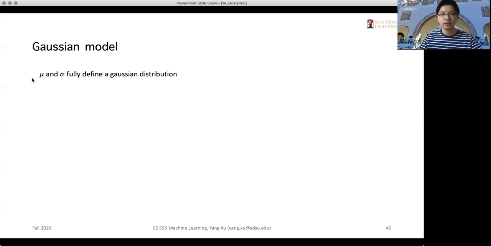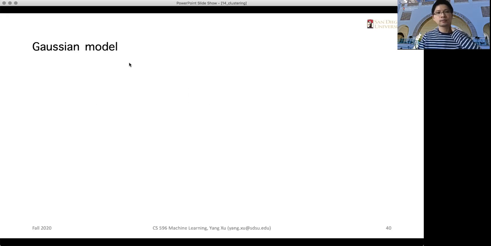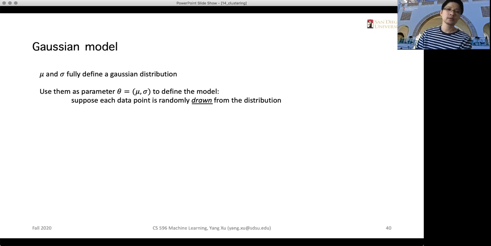Okay, so now let's further look at what a Gaussian model is. We can use the mu and sigma to define a Gaussian distribution, as we have seen in the previous example. So now a Gaussian model uses mu and sigma as the parameters to define a model.